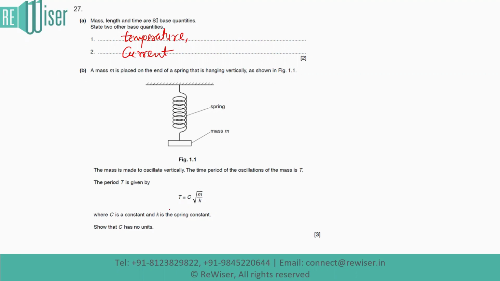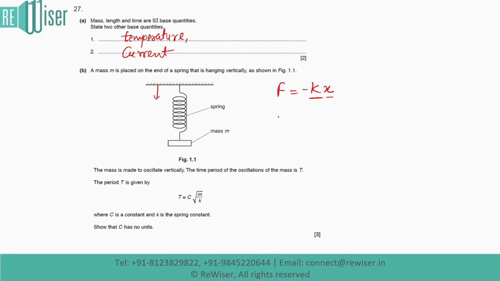So for K, because it is a spring constant, K is usually defined from Hooke's law. It is F equal to minus Kx. So K is the spring constant, and x is basically how much stretch has been done to the spring, so it is a unit of length.